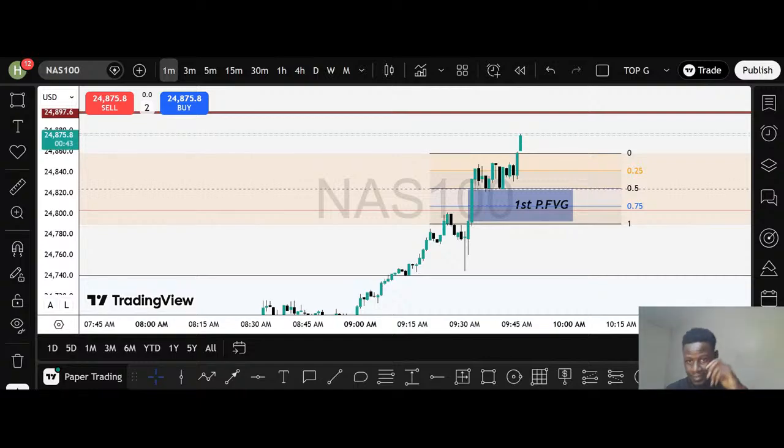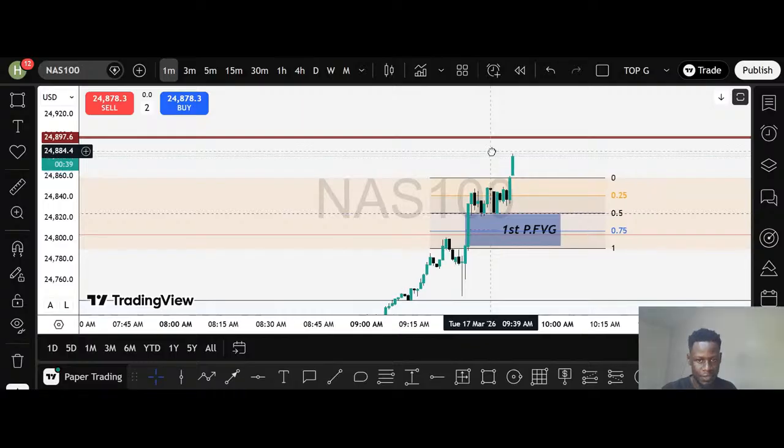So the first presented fair value gap is holding. It's like we are really bullish now. 1 minute SMT.